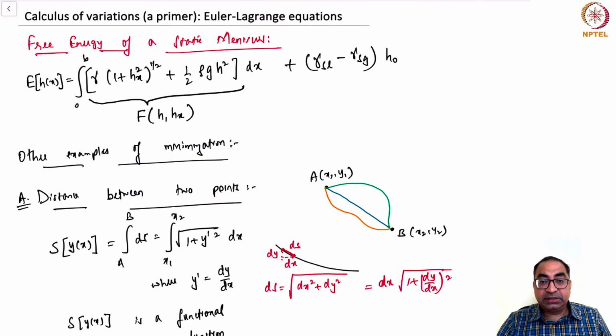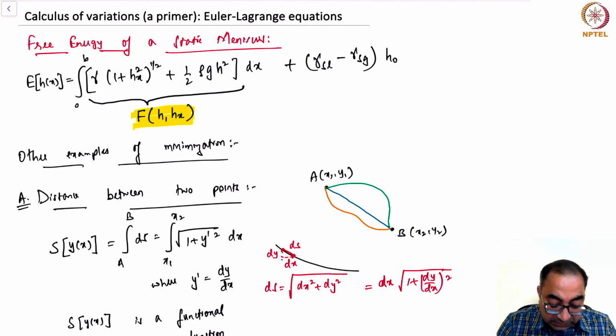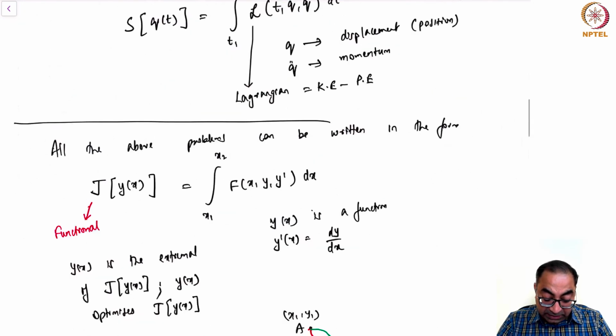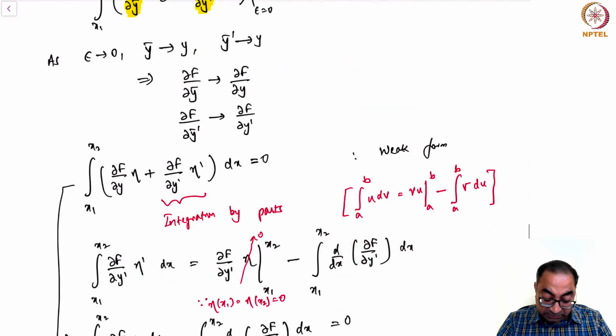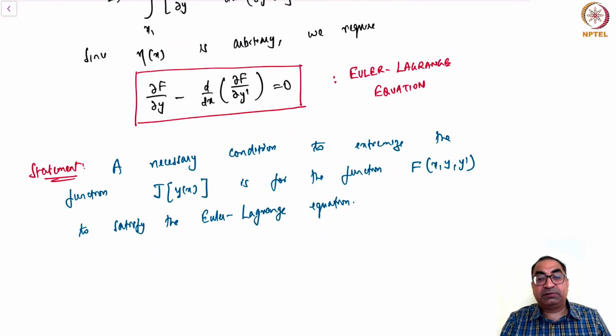And this function f of h comma hx, which I will just highlight here for your reference, satisfies the Euler-Lagrange equation. We have already derived the Euler-Lagrange equation just now, so I would like you to try and substitute this function f of h comma hx into the Euler-Lagrange equation and see what you get. But we will do this in the next lecture. Thank you.